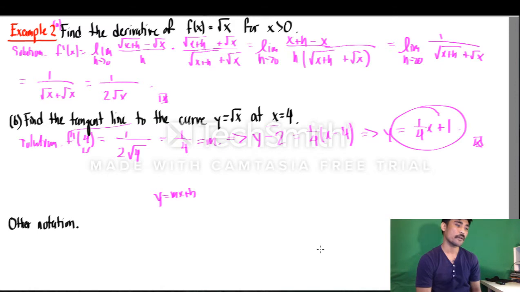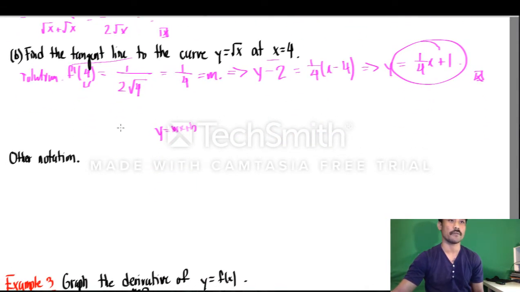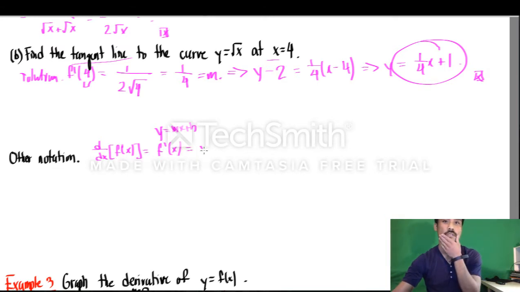All right, let's talk about other notation, because there's a lot of different ways to write the derivative: d/dx of the function, f prime of x. There's dot notation. This one is important, dy/dx. And you can say df/dx, that's fine too.